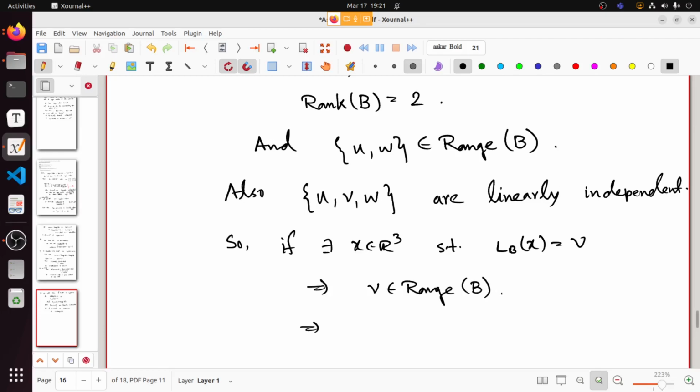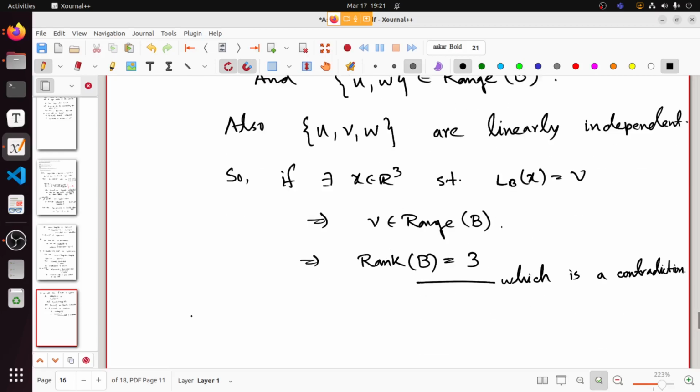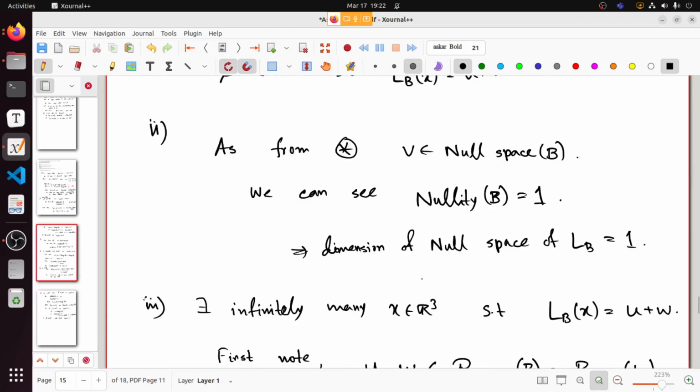So then the rank of B is 3, which is a contradiction. Therefore there does not exist any x in R3 such that LB of x equals B, right? So option number 4 is false.